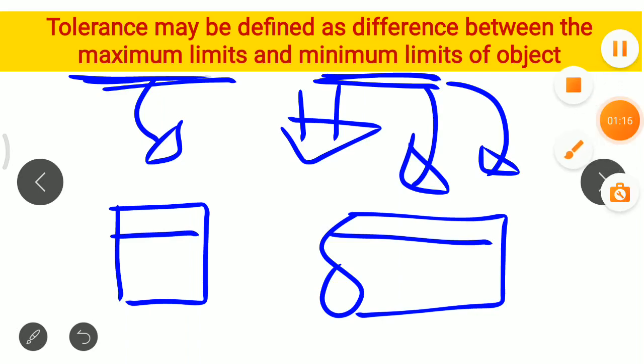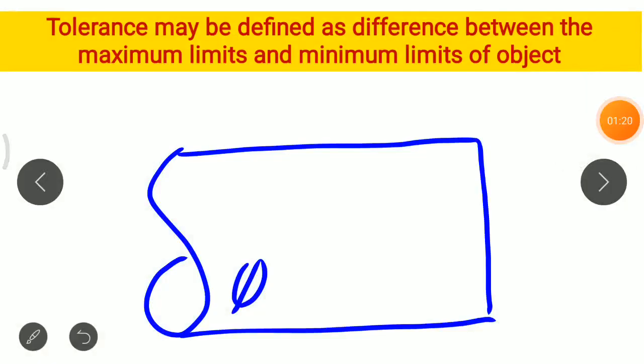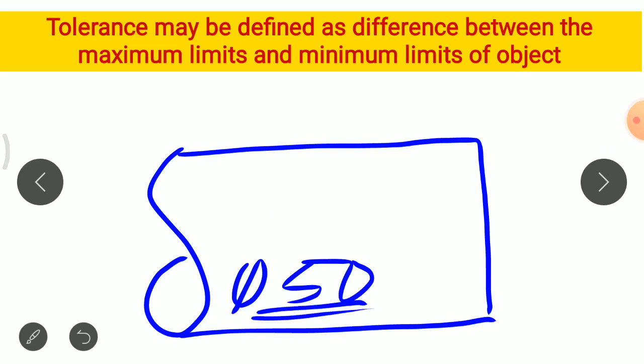So we will draw the diagram of the shaft and hole. Consider this is a shaft which has an external diameter of 50 mm. But as we know, exact manufacturing to 50 mm is quite time consuming also. So the designer gives us some allowable dimensions, that is plus minus 0.05 mm.